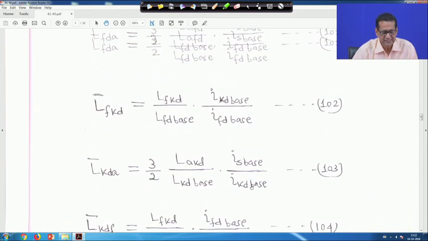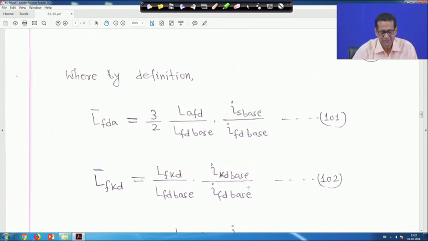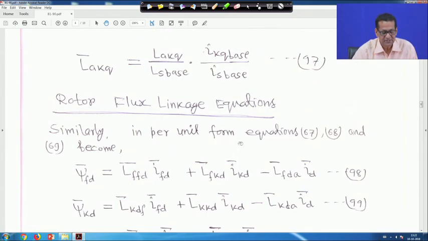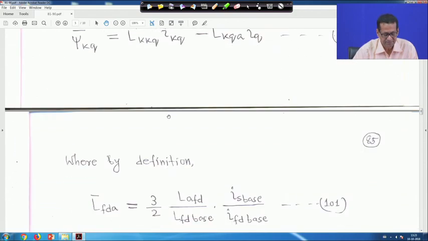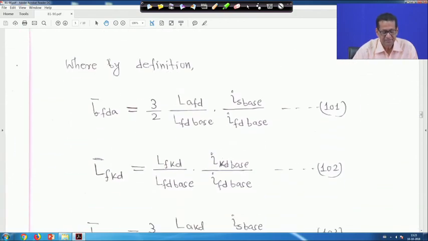Now, if we see here, LFDA bar is equal to 3 by 2 LAFD upon LFD base into IS base upon IFD base, and LFD bar is equal to LAFD upon LS base into IFD base upon IS base, right. So LFDA bar is multiplied by 3 by 2.